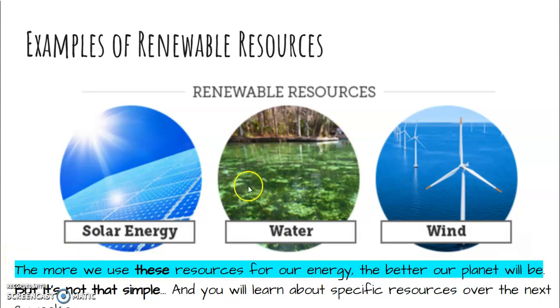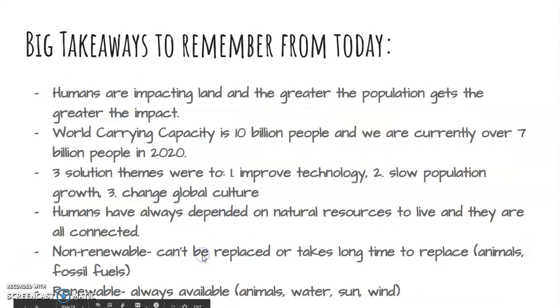Water is also considered renewable, and we'll talk about that more next week. And then wind, again, is considered a renewable resource because there's really no limit to how much wind there can be. It's not always that simple that these are just the perfect answer, though, and you will learn more about the specific resources over the next couple weeks.